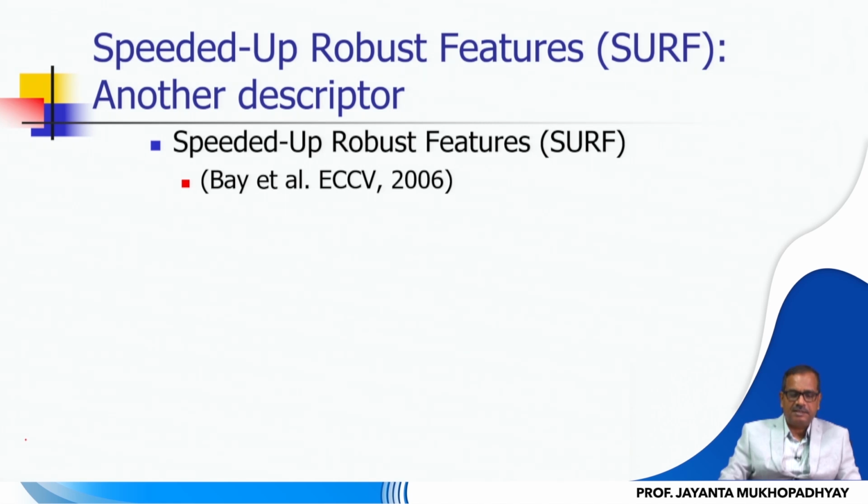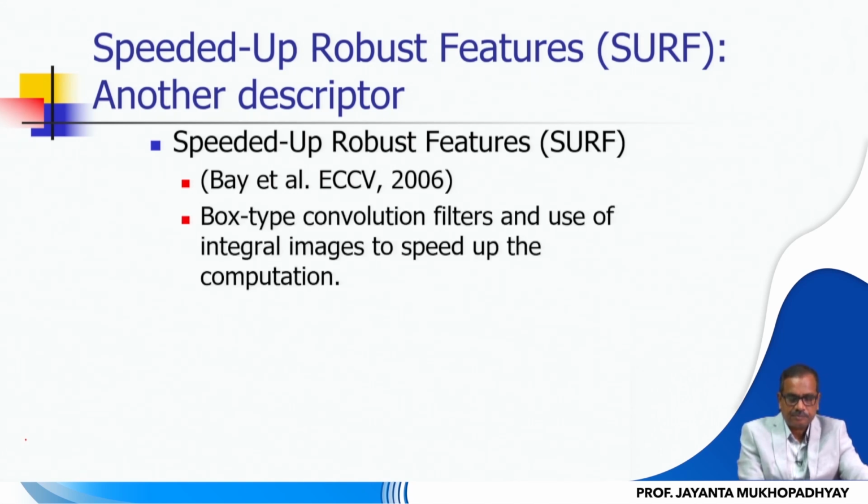One of these techniques which speeds up these operations, these feature descriptors, is called speeded up robust features, or SURF, that is the acronym, which is also quite popular. As you can see, it was reported in ECCV in 2006 by the respective authors. There the Gaussian filters are replaced by box type convolution filters.